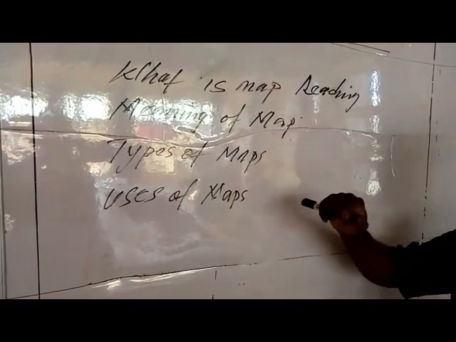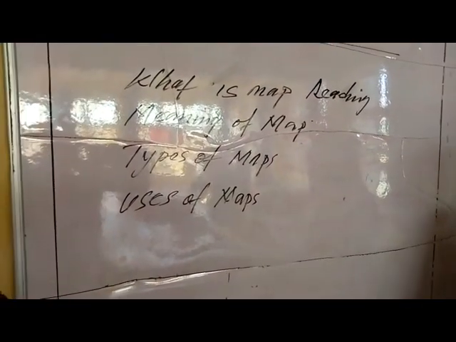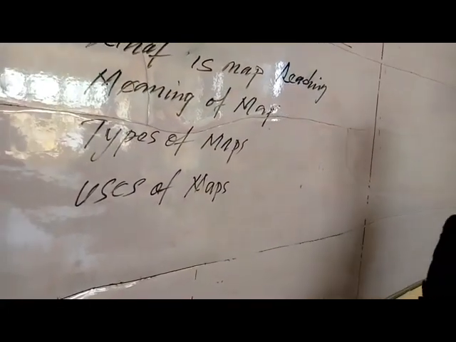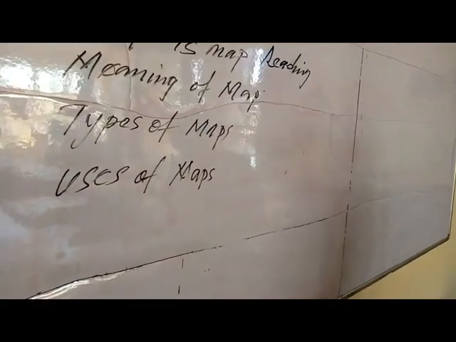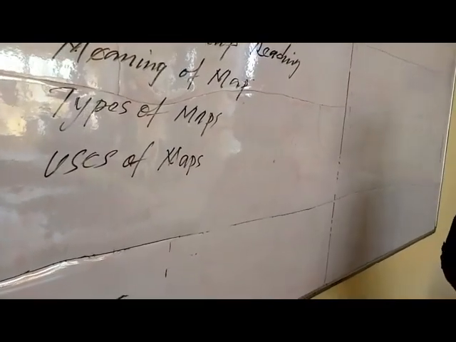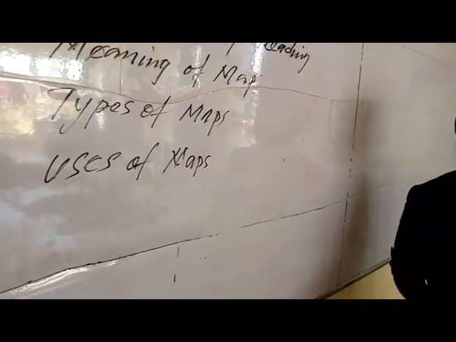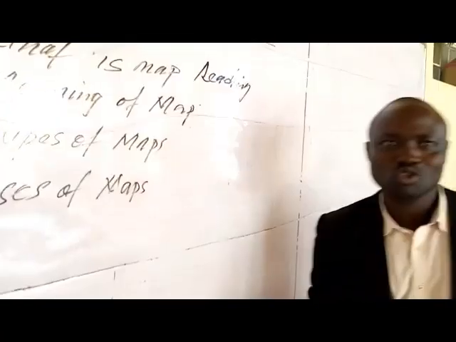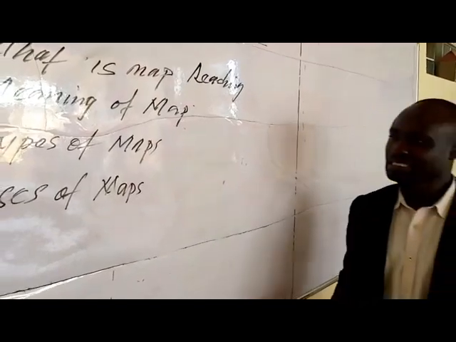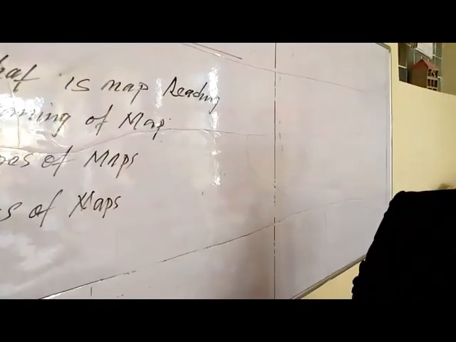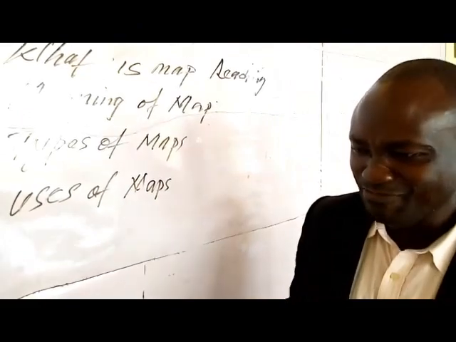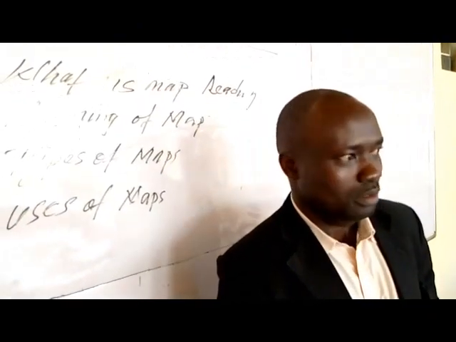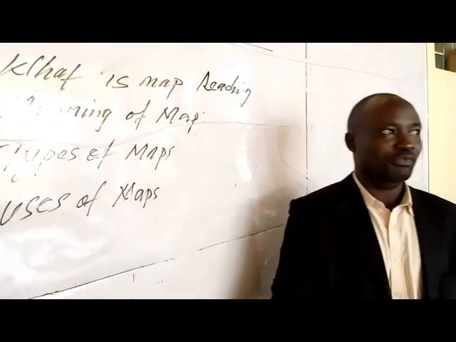now let's go by the uses of maps. Number one: map, as an individual, as a student of geography, and to everyone as well, enables us to have a good understanding of a very large environment, as in the entire world, places where we have never been before.